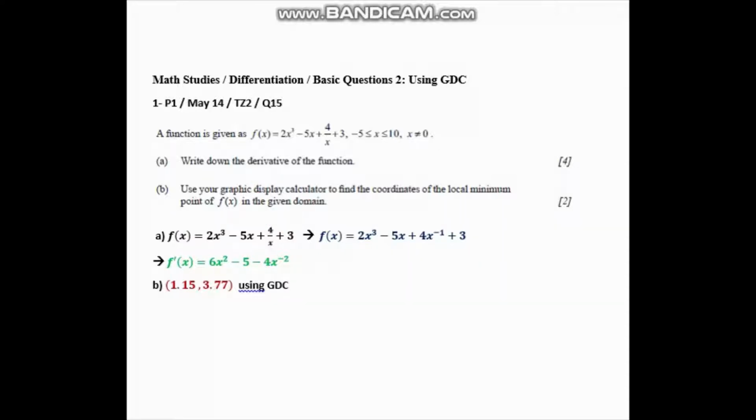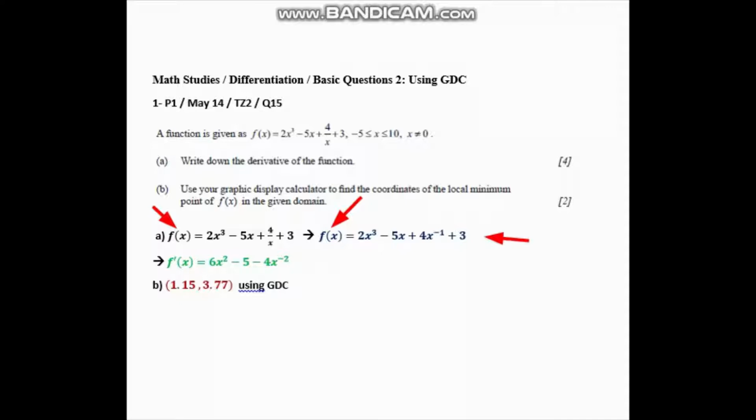So this is the only change that I made to go from the black equation to the blue one. And I have not differentiated yet. Hence, I have f of x here in the question and I have f of x here in the step, because this is still the actual function, f of x.